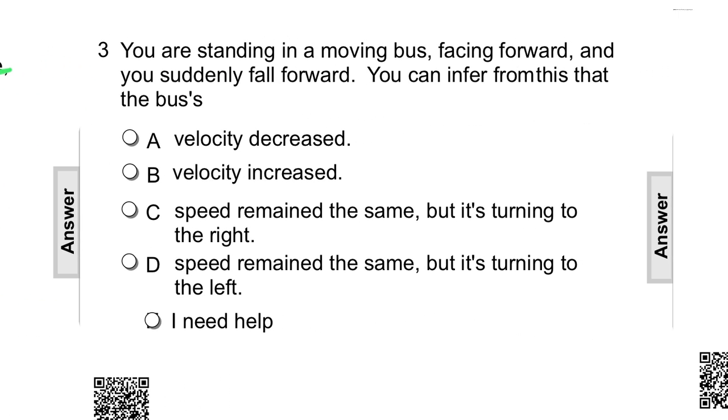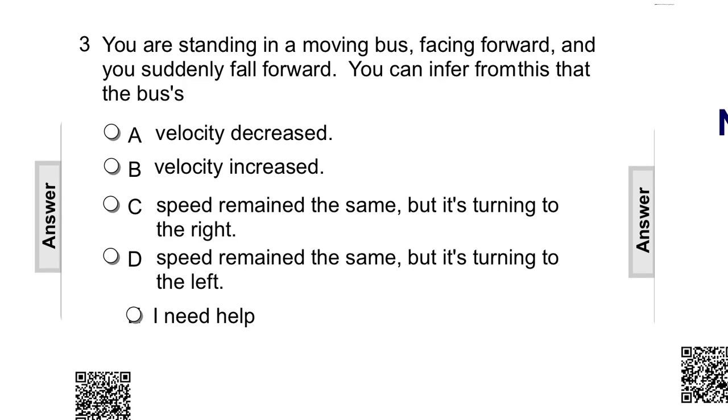You're standing in a moving bus facing forward and you suddenly fall forward. Okay, so let's say you're standing there. Then suddenly you fall forward. Well, you're an object in motion with the bus. But how would you suddenly move forward?